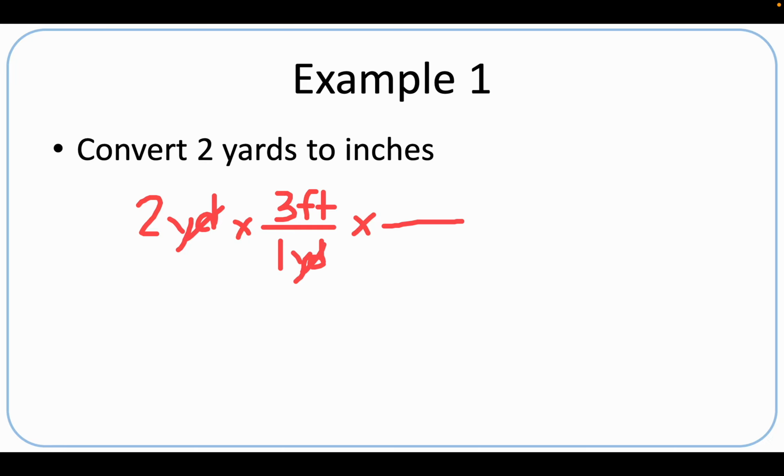So we need another unit conversion to cancel the feet. 1 foot, which is equal to 12 inches. So that makes our feet cancel out, and we're left with inches here. So then we're just multiplying 2 times 3, which is 6, times 12, which is 72. 72 inches.